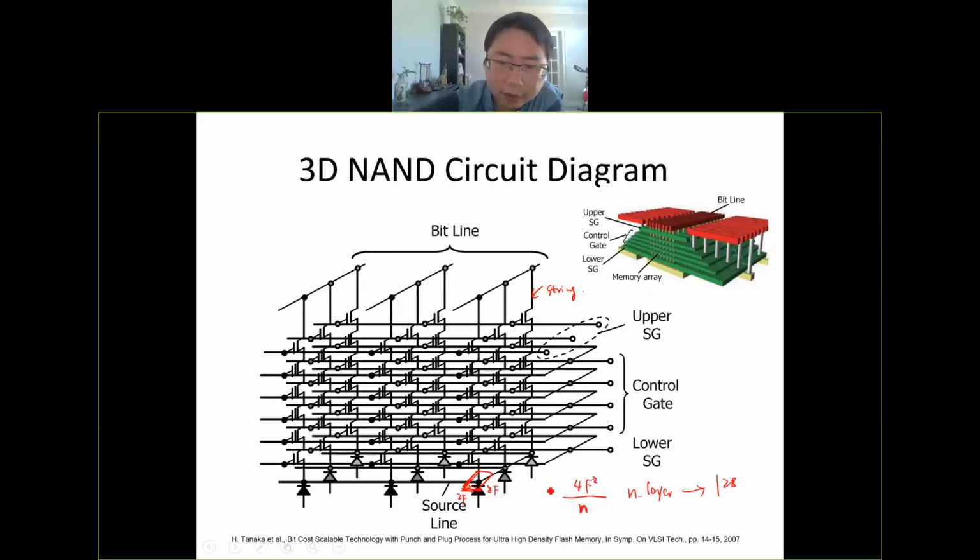Then equivalently, the area per bit equals this 4F squared divided by N, and then divided by 2, if it's 2 bits per cell.